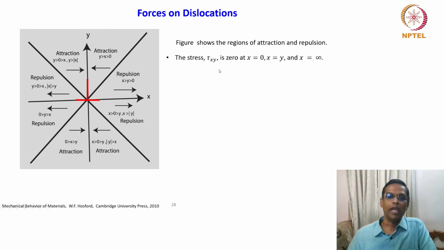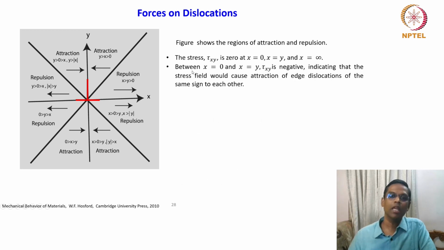The stress tau xy is 0 at x equal to 0, x equal to y, or x equal to infinity. Between x equal to 0 and x equal to y, tau xy is negative, indicating that the stress field would cause attraction of edge dislocations of the same sign to each other. Here we are talking specifically about other dislocations.